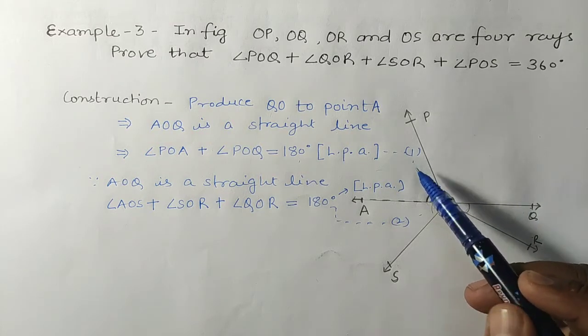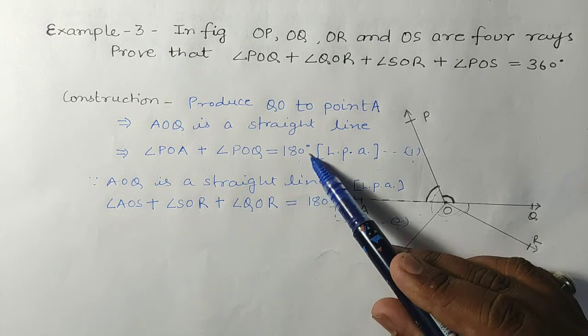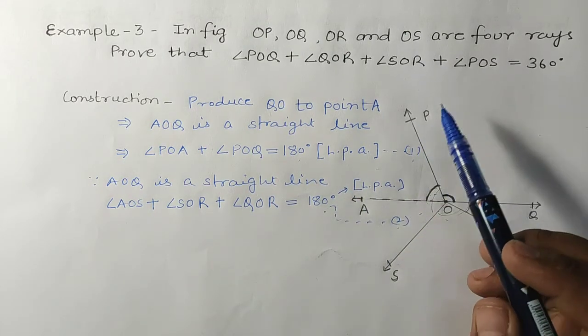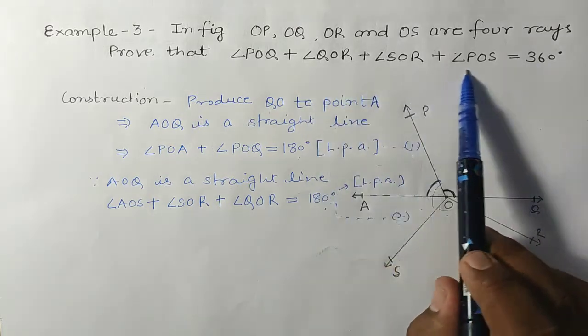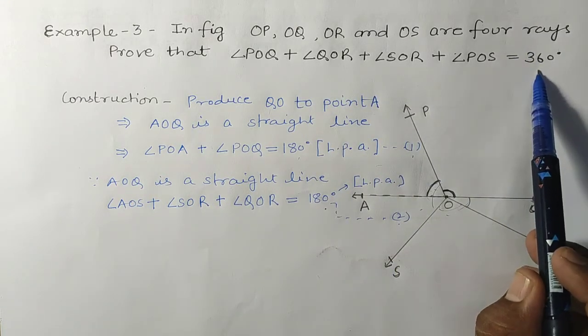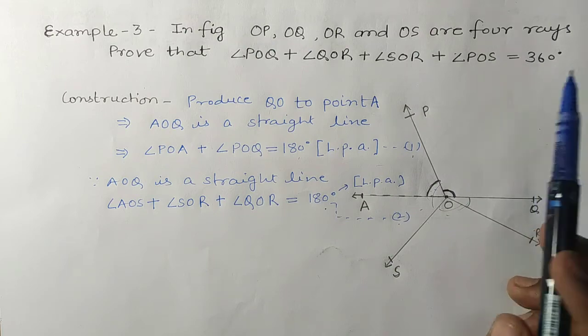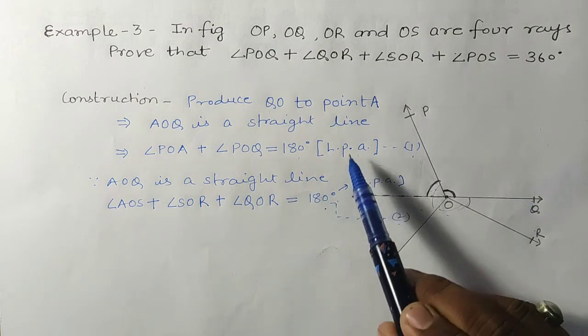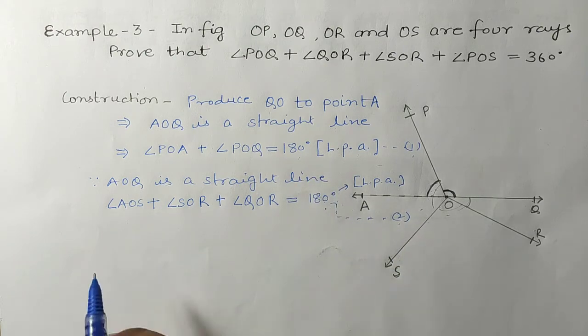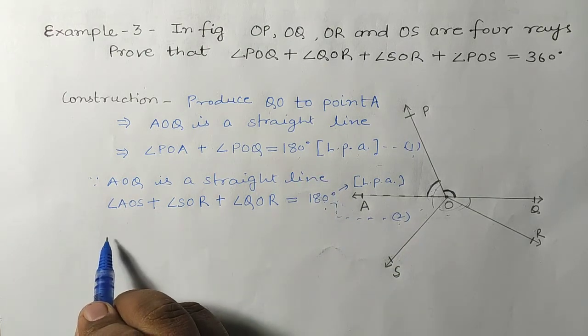Students, now see, equation 1 and equation 2 both are coming 180 and 180, and in the proof part, what is to be proved, on the right hand side it should be 360 degrees. So we are going to add these two equations so that our right hand side will be 360 degrees.